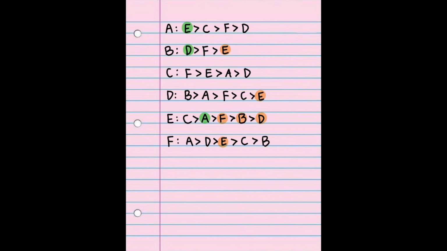And then B is going to propose to D, and because B is D's top choice, everything else gets removed from its list, so A, F, and C. And so we will then remove D from their lists as well.